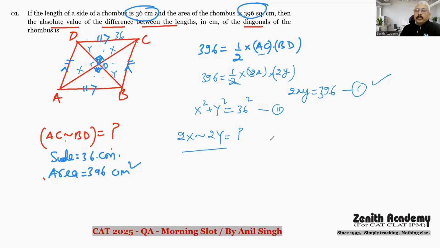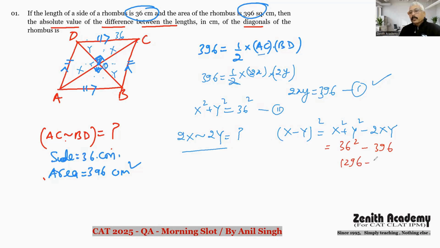So from 1 and 2, we can find (x minus y) whole square is x square plus y square minus 2xy. It is a basic formula of algebra. So x square plus y square, keep here 36 square, minus 2xy is 396. 36 square is 1296 minus 396, it is 900.